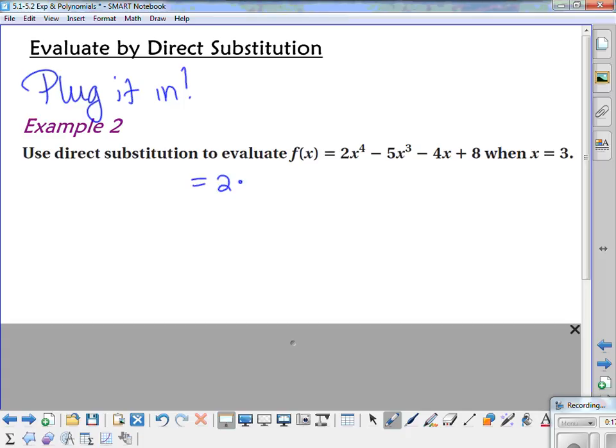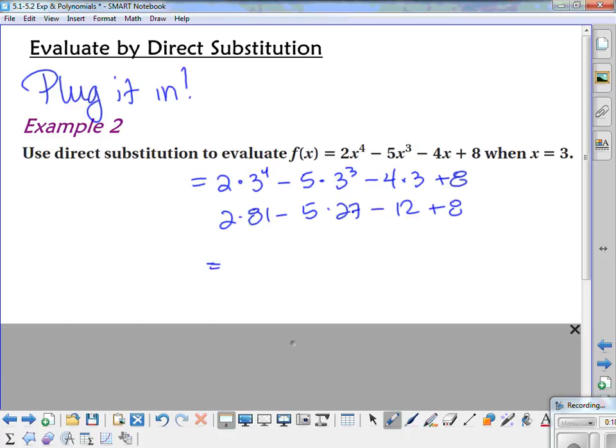So you'd have 2 times 3 to the 4th minus 5 times 3 to the 3rd minus 4 times 3 plus 8. So that's 2 times 81 minus 5 times 27 minus 12 plus 8. And so all together it ends up equaling 23. So f of 3 would equal 23.